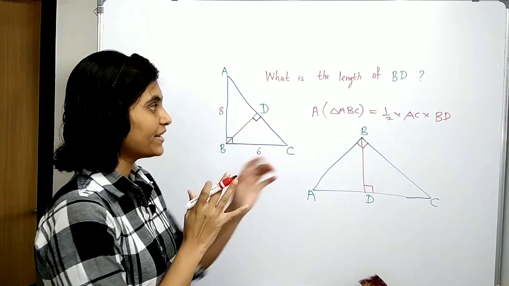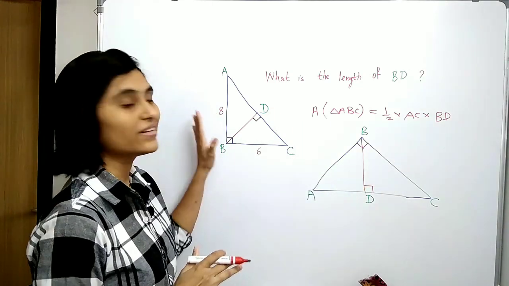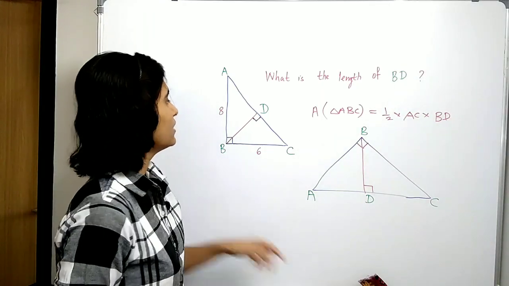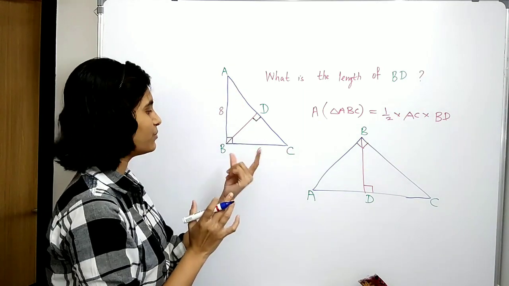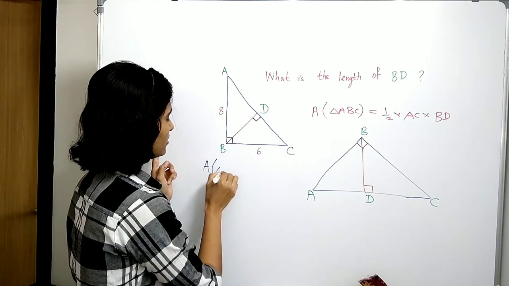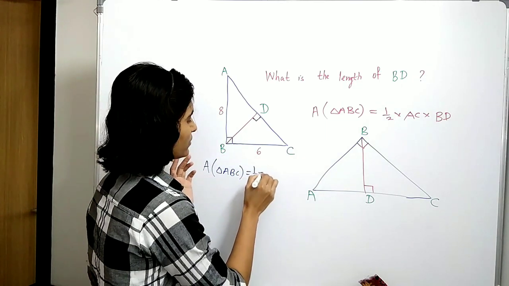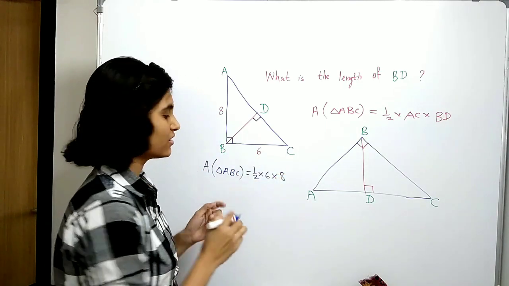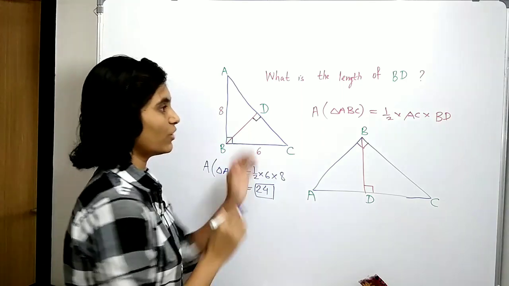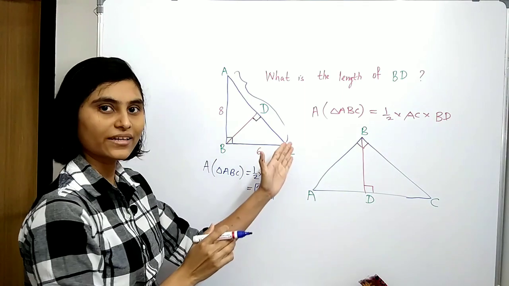Now we can find this area of triangle ABC and the length of this AC by using the given figure. So let me do some calculations over here. So here we have triangle ABC with base as 6 and height as 8, right? So what is the area of this triangle? It is just equal to half times base into height. So half times base into height, right? So simplify this. This is just 24. Now find out what is AC. So for AC, this is hypotenuse of this right angle triangle, right?